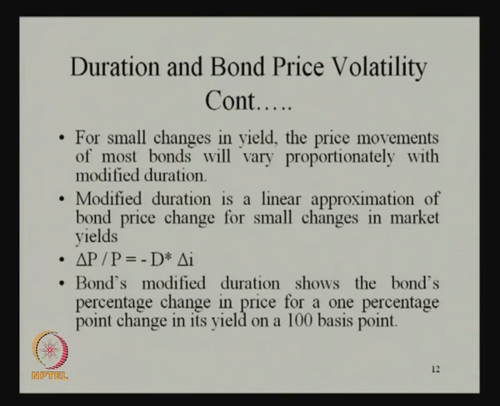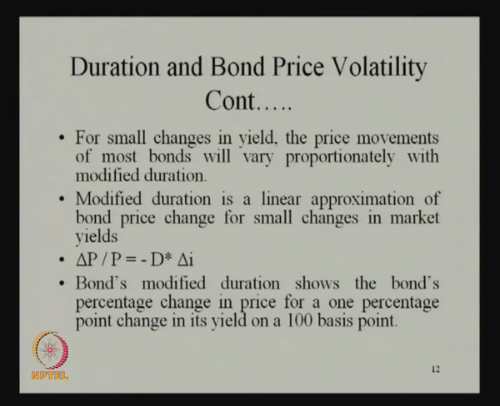So what we have seen is that for small changes in yield, the price movements of most bonds will vary proportionately with modified duration, as we have observed from this example. That is why the modified duration is a linear approximation of bond price change for small changes in the market yields.